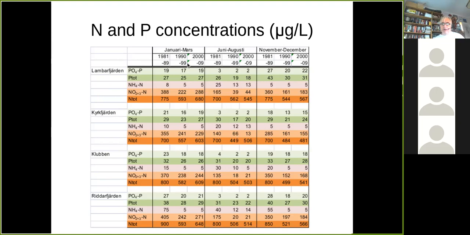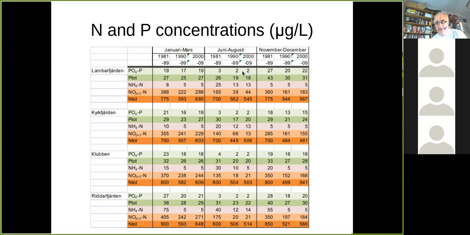So one could have a look at the phosphate levels. At this place, it's more or less similar over the different 3 decades.